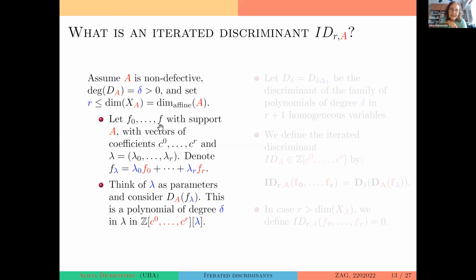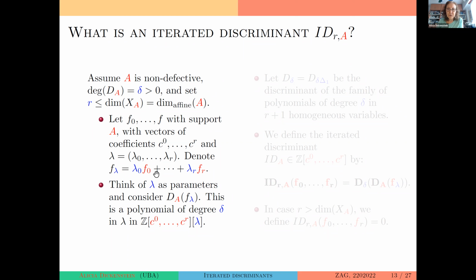So we have f_0, ..., f_r with support A and corresponding vectors of coefficients. And then we take this linear combination, where I add new parameters lambda_0, ..., lambda_r, and we consider this combination. If f depended on the variables x_1, ..., x_n, now it depends on the lambdas and the x's, two sets of variables.